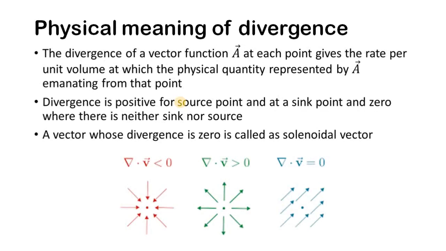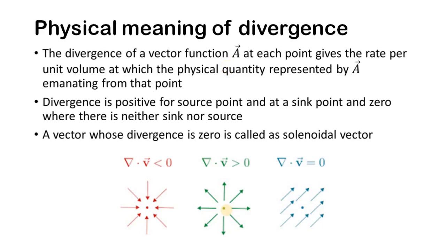Now, let us understand the physical meaning of divergence of a vector field. The concept of divergence is valid at a point. The divergence of a vector function, say vector A, at each point gives a rate per unit volume at which the physical quantity represented by vector A is emanating from that point.